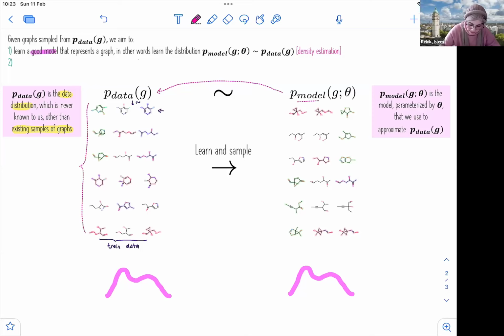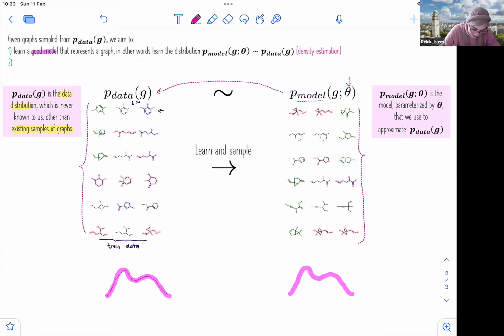So it means that these graphs that we created using the learned distribution by our model, which is parameterized by theta, are able to approximate the data distribution that we have that looks like this.